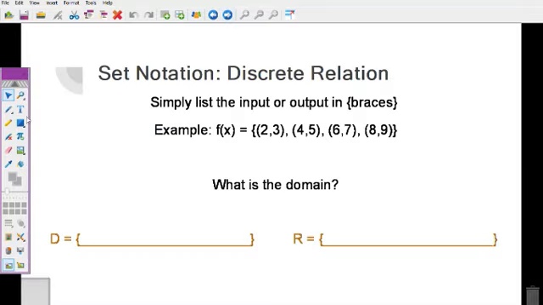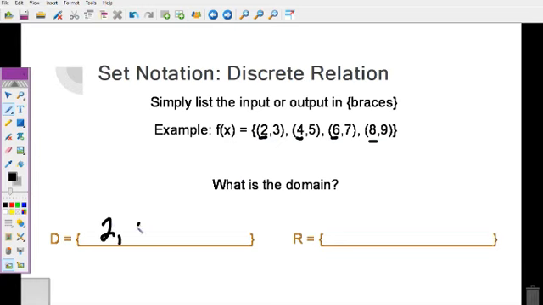So the first thing we're going to talk about here is set notation, discrete relation. So it simply lists the input or output in braces, okay? So when you have a discrete notation, that means it's not continuous, it doesn't go on forever, but you have values. So for your x's and your y's. When we look here, we have f of x equals this group of ordered pairs. So my domain are literally just the x values listed out in least to greatest order.